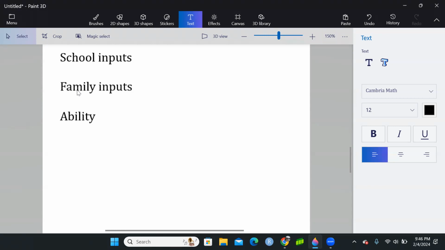The debate in the policy sphere is how much of student outcome is due to things like this and how much of it is due to things like school input.